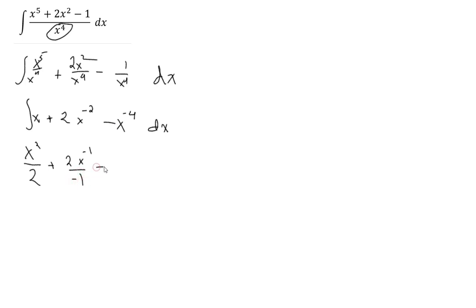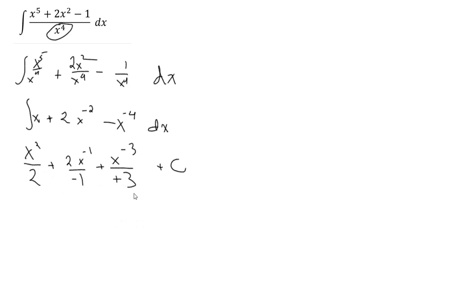Over here, negative 4 plus 1 will be negative 3. Divide by negative 3. And that's going to be our, so these can become positive, and then always remember the plus c, the constant of integration. And this is our final answer.